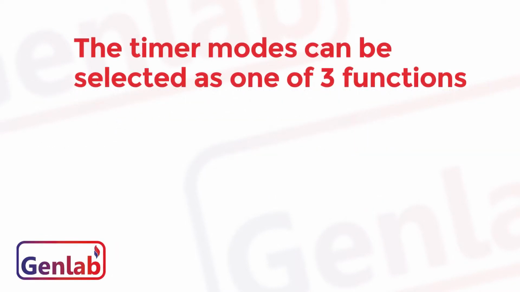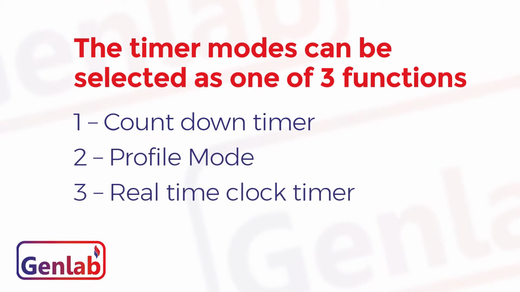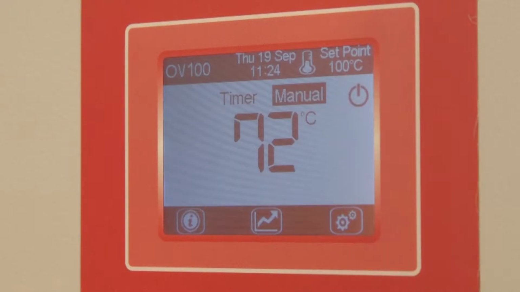The timer modes can be selected as one of three functions: 1. Countdown timer, 2. Profile mode, and 3. Real-time clock timer. The home page will highlight which timer mode is activated as shown here.